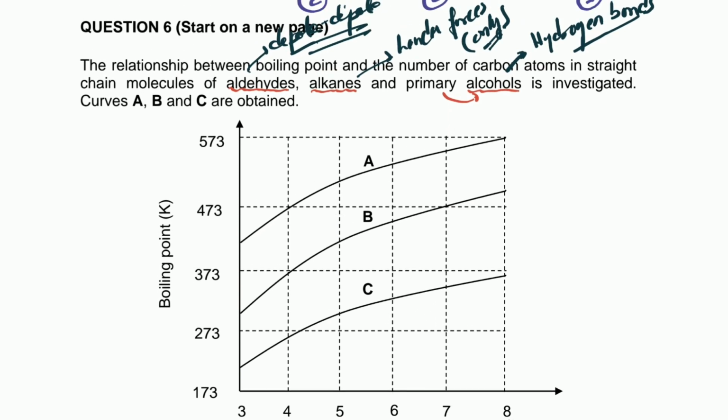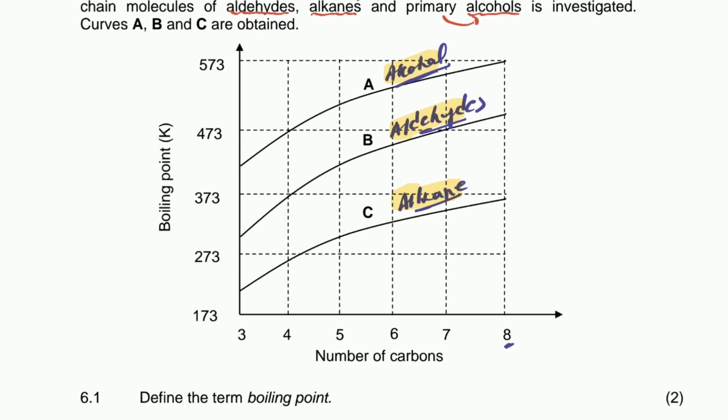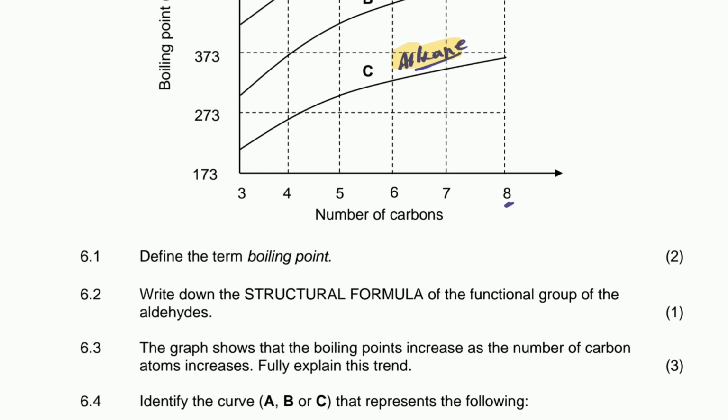So A, guys, is going to be an alcohol. A is the alcohol. B, therefore, is the aldehyde. And C is the alkane. So this analysis is important to do even before you carry on with the question. Now we know which compound each letter represents. Okay, now we can go to answer the question.